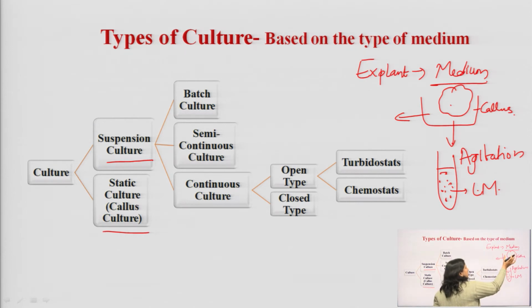The nutrient medium is completely static in nature, it is not moving, while in suspension culture it is completely agitating, means completely moving.